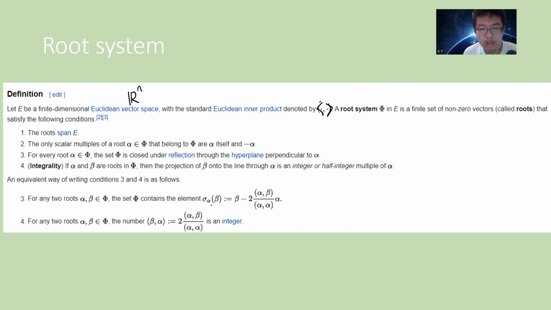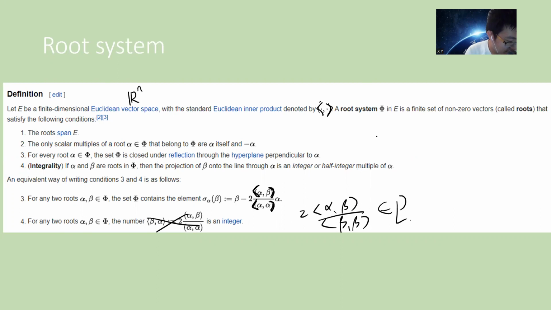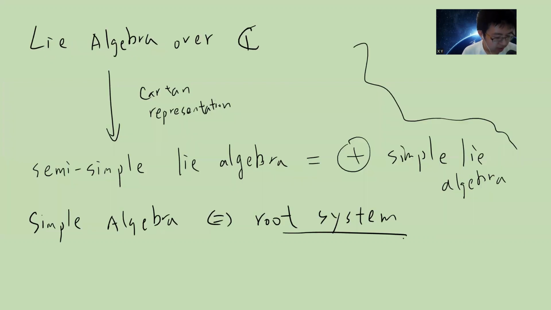This is the same as σ_α(β) defined to be this, which should be closed. In my notation, I use this bracket. And we also require that this must be an integer. These are the common definitions of a root system. We believe all these are true, and then we start to see what we can get.